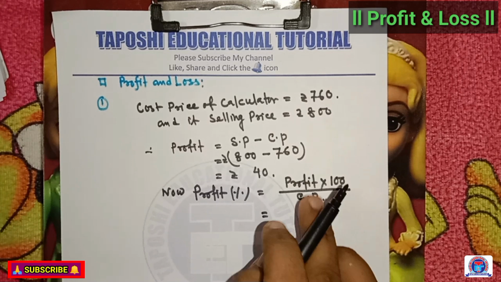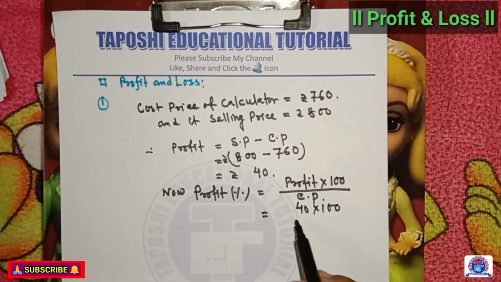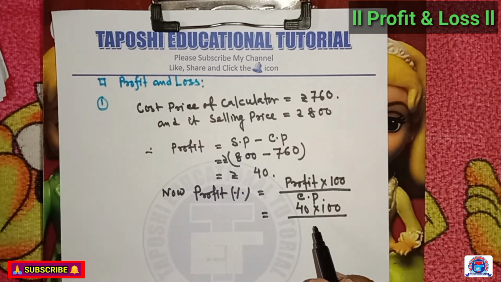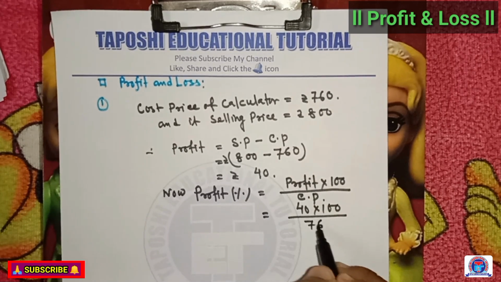So we put the value, profit is 40 into 100 on the cost price of the calculator, rupees 760.